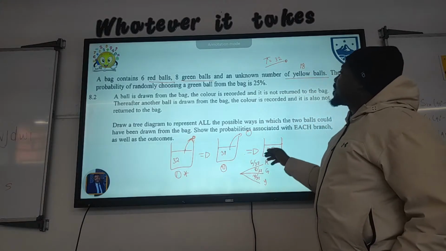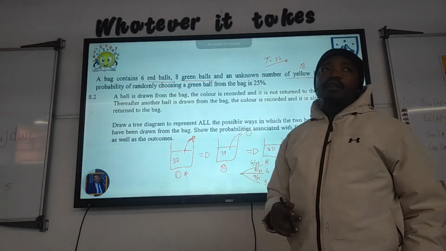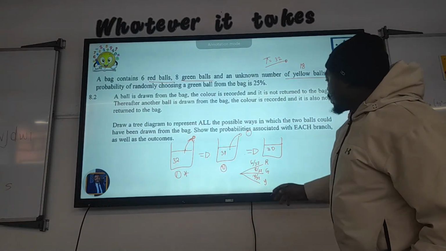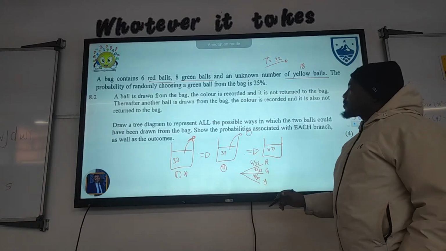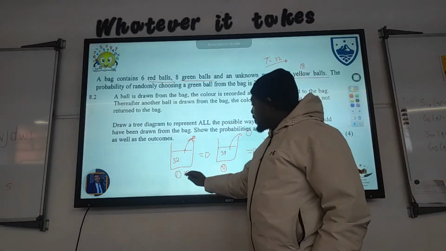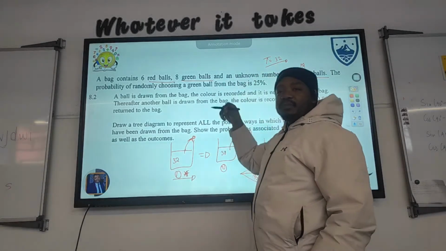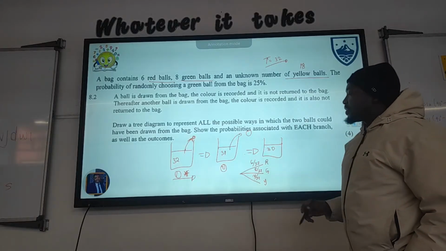So it's very important that we find the value of x, which is the yellow balls. If you add all of these, they will give you 32. So this is the first scenario when we start picking the first ball. These are the ratios, these are the probabilities.